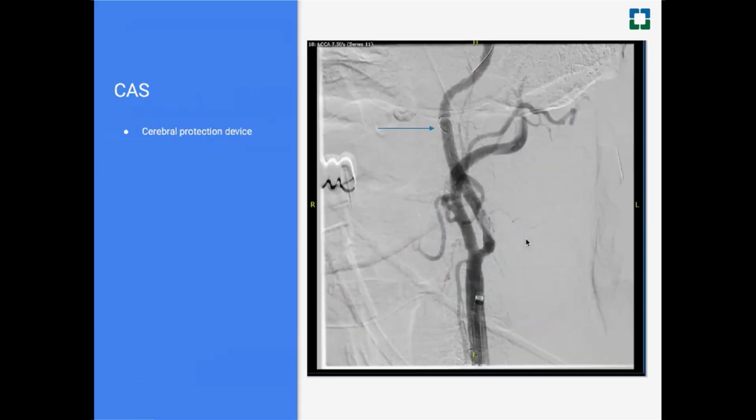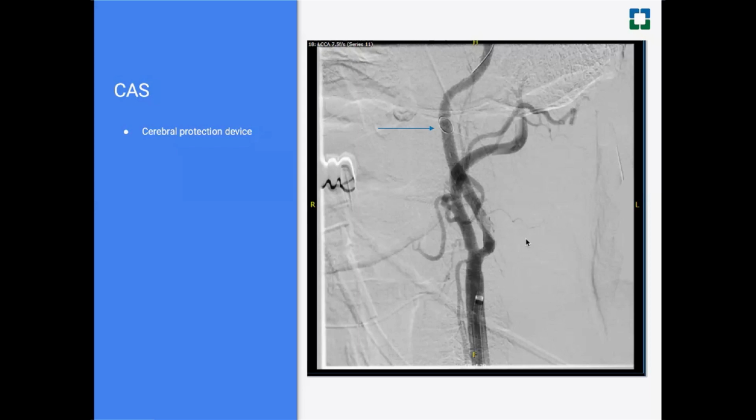The next step is the placement of a cerebral protection device. And this is the Achilles heel of the standard carotid angioplasty and stent. This cerebral protection device is basically a net or some sort of trap that picks up emboli as you intervene on the plaque.